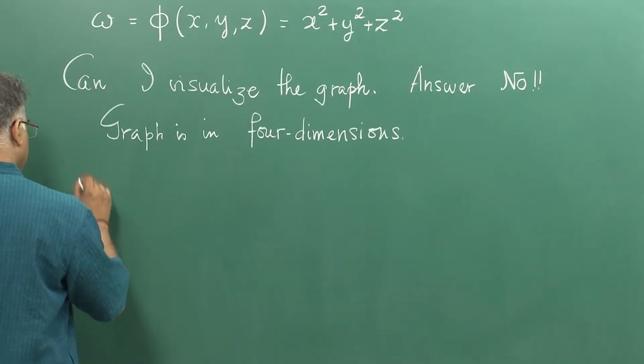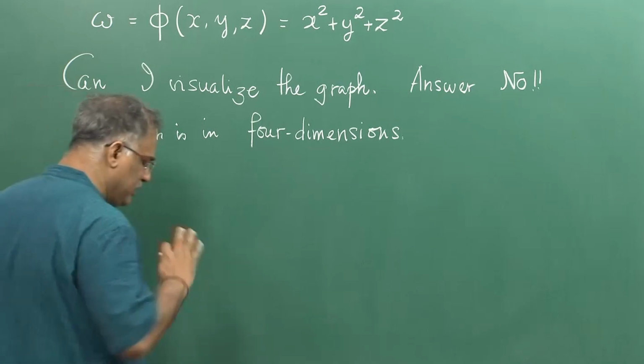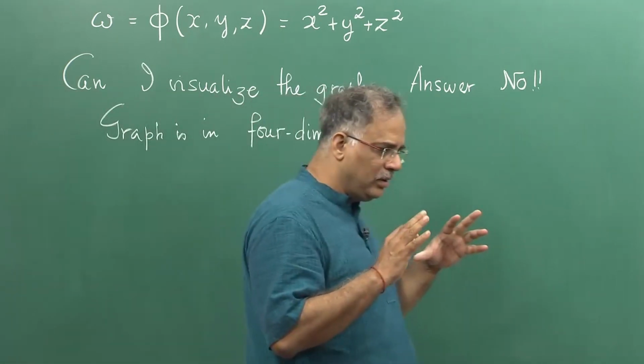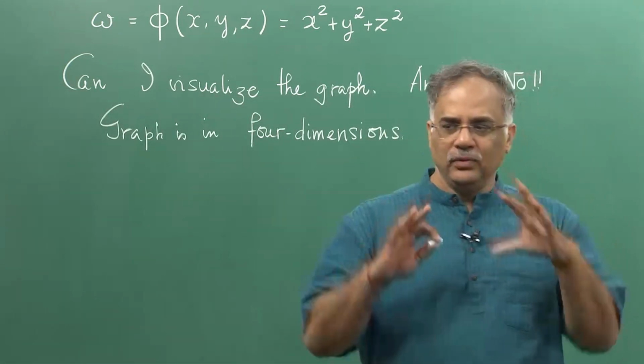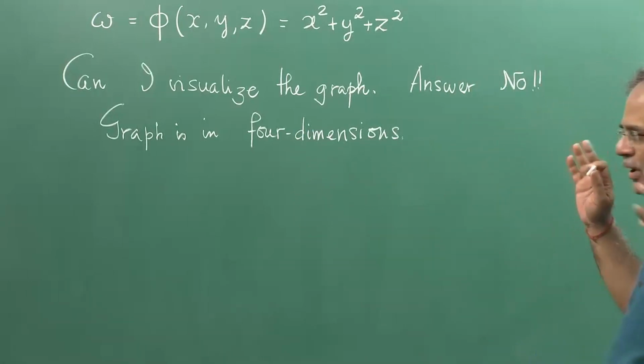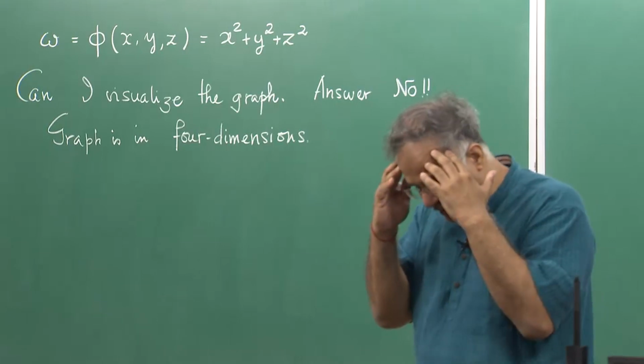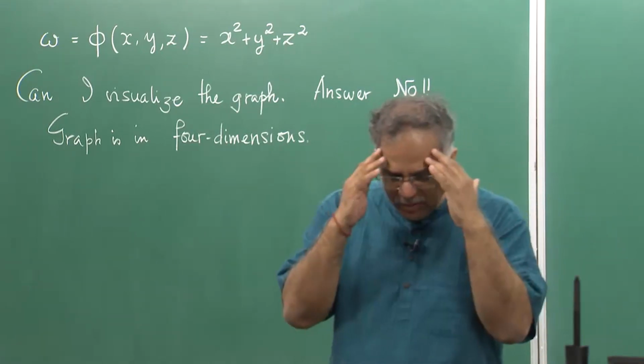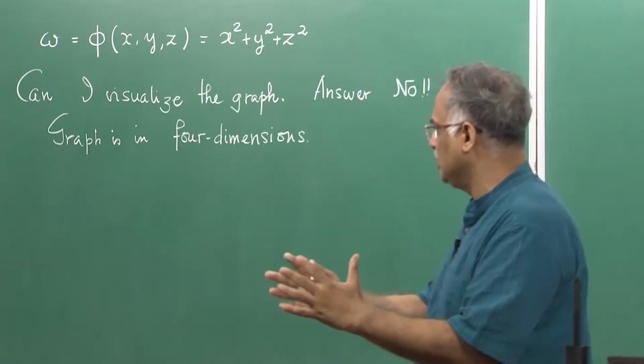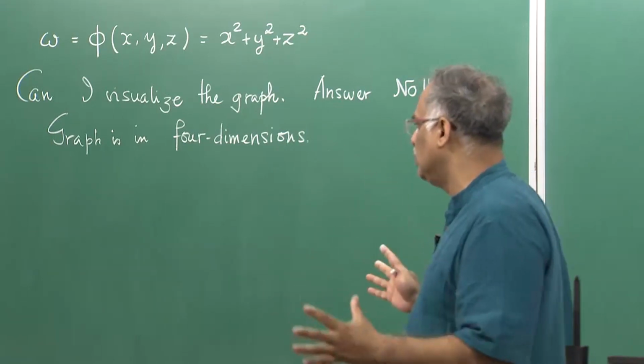We can't see the graph in 4 dimensions, but can we see some kind of shadow of it in 3 dimensions, so I can have an idea what it is.